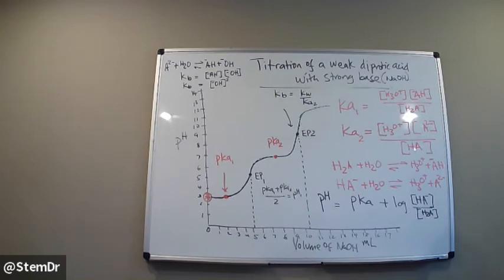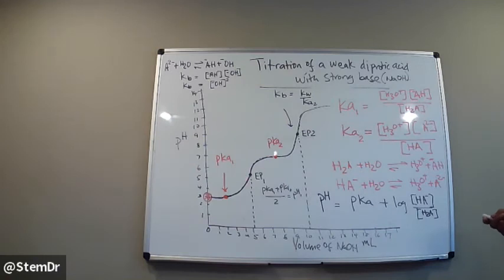At that point, when these two are equal, the pH that's being measured equals pKa2. So if you have a Ka2 value from a table and take minus log of Ka2, that corresponds to halfway between endpoint 1 and endpoint 2. So this is also halfway, which is called pKa2. That's minus log of Ka2.